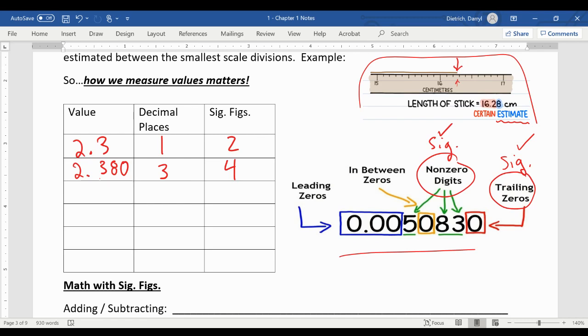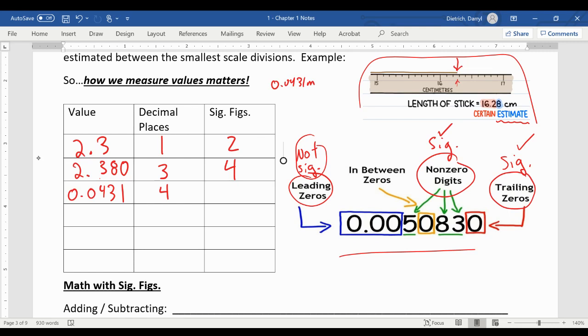Okay, so what about a number like 0.0431? Well, that is going to have 4 decimal places. Okay, but our leading zeros in a number, these are not significant. Okay, and that's because, let's say we're using a measuring tool like a meter stick, and we measure something to be, in this case, 0.0431 meters.